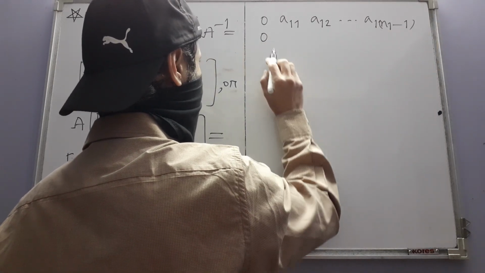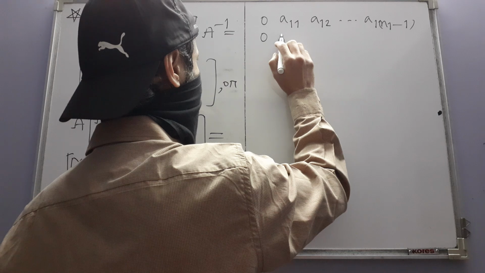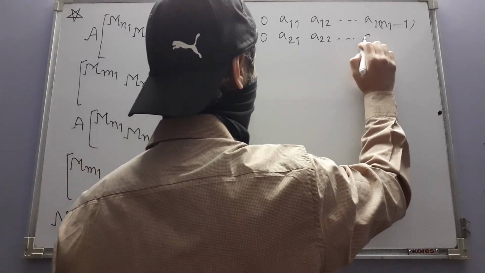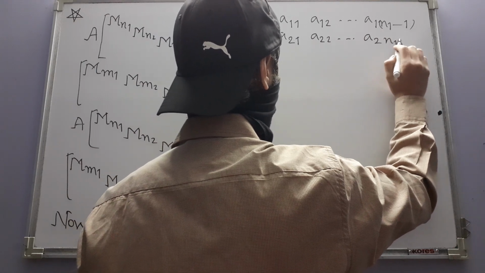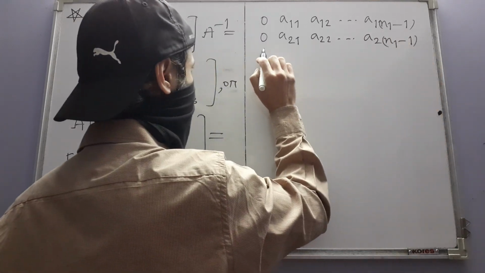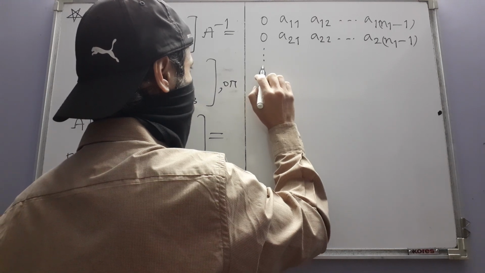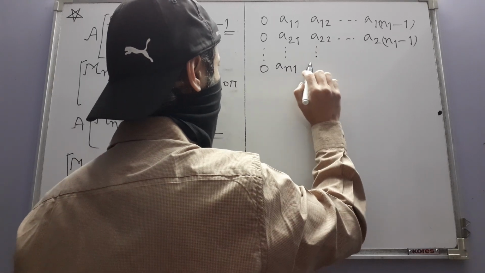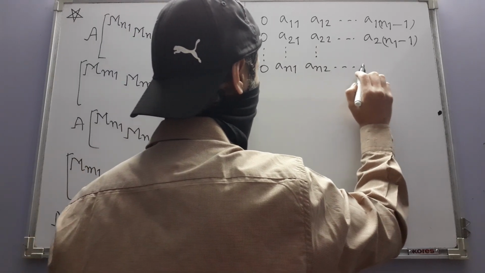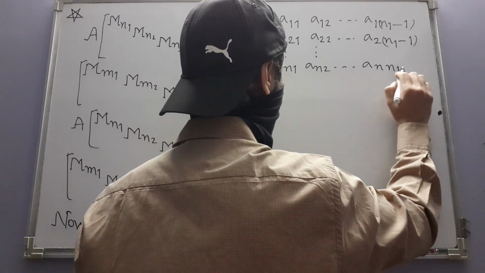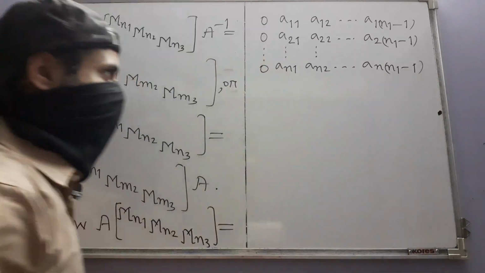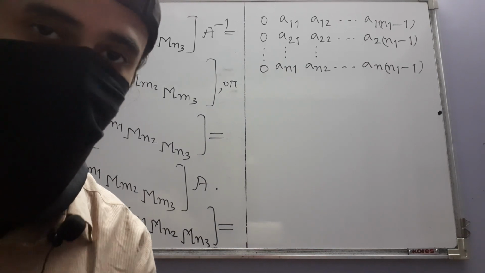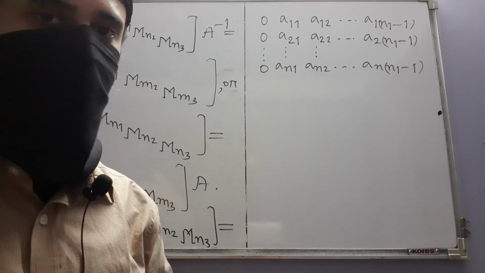So let me write that portion of the next row: A21, A22, A2,N1 minus 1. 0, AN1,1, AN1,2, AN1,N1 minus 1. Okay, so that's how the matrix only starts. We have actually shown all the rows, but not fully.